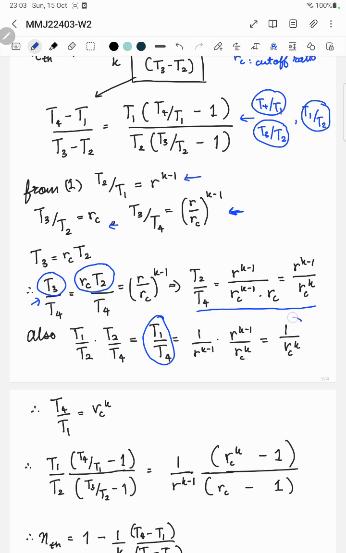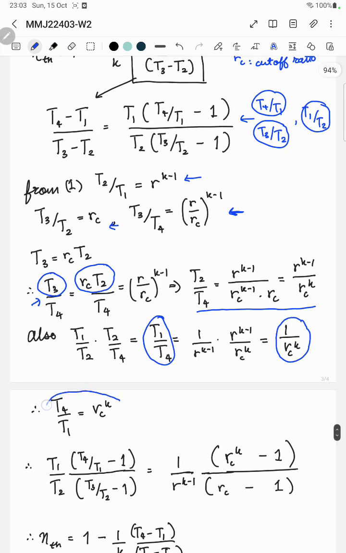So this is our T1 over T4 ratio. Of course, it is actually the inverse of the ratio that we wanted, that is T4 over T1. So if you take the inverse, then you'll get T4 over T1.